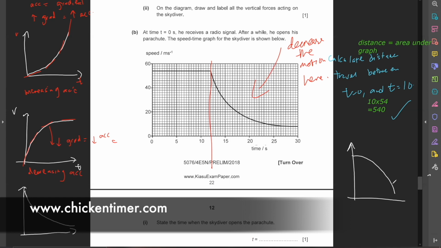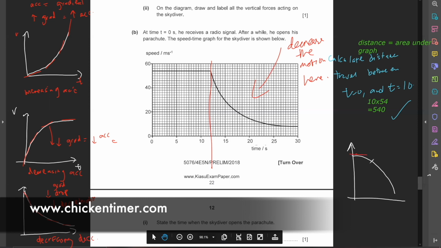Decreasing. So this is gradient drop. This is not acceleration, this is deceleration. Okay. So this is decreasing deceleration.